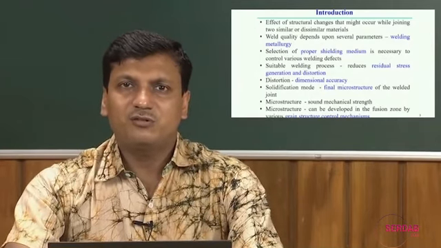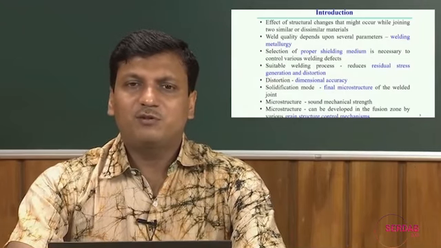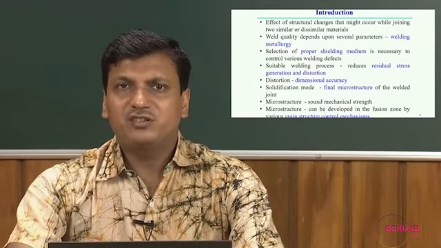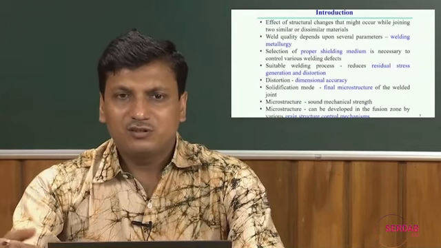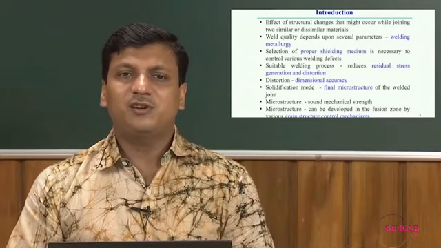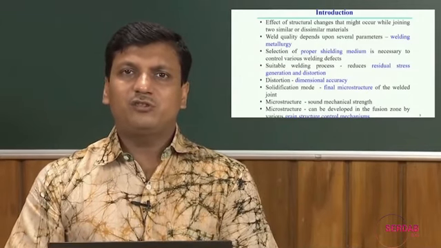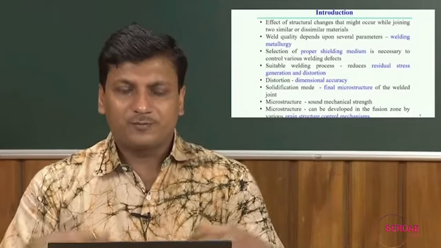So, our objective should always be to minimize the generation of residual stress, and of course to reduce the distortion, because distortion affects the dimensional accuracy of the two components we are supposed to join.